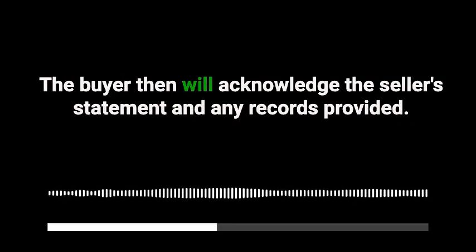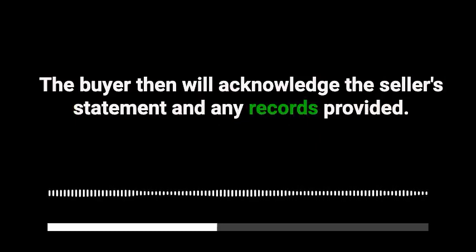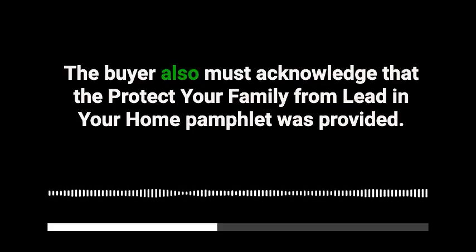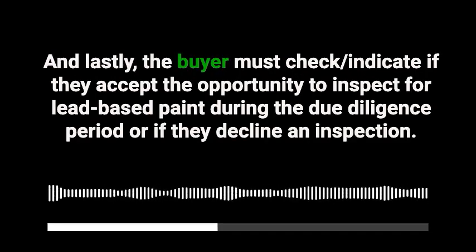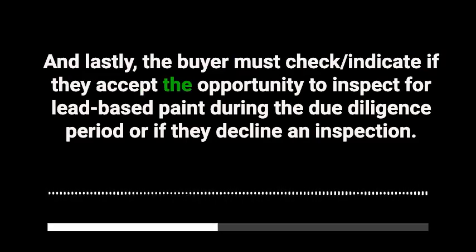The buyer then will acknowledge the seller's statement and any records provided. The buyer also must acknowledge that the Protect Your Family from Lead in Your Home pamphlet was provided. And lastly, the buyer must indicate if they accept the opportunity to inspect for lead-based paint during the due diligence period, or if they decline an inspection.